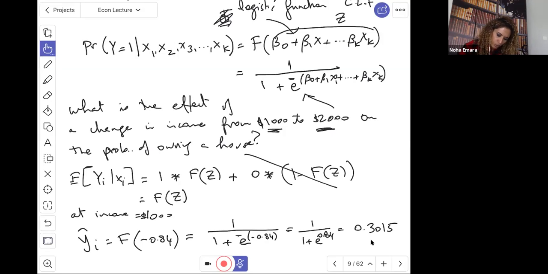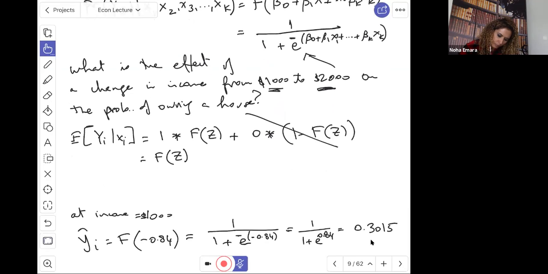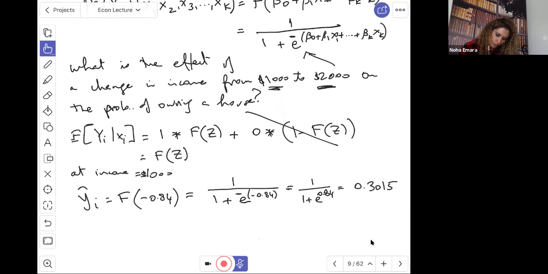Now, I want to do the same thing for income of 2000 and get the difference. So at income equal to 2000, I have the final answer.